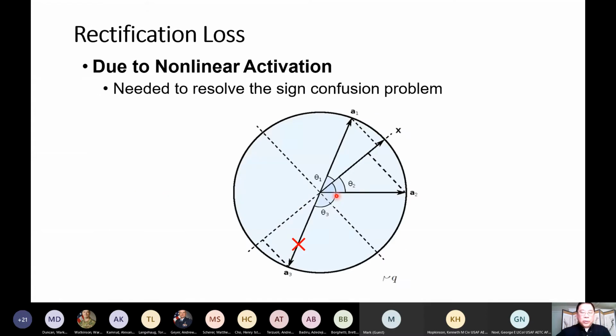Okay, so now we know we need to clip this to avoid the sign confusion, but then the analysis becomes very messy because you don't know which one will be clipped. If X comes here, this will be clipped, right? Originally you have 6 filters, but you clip some, and the dimension becomes very small.